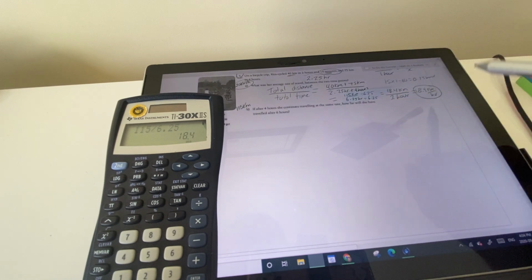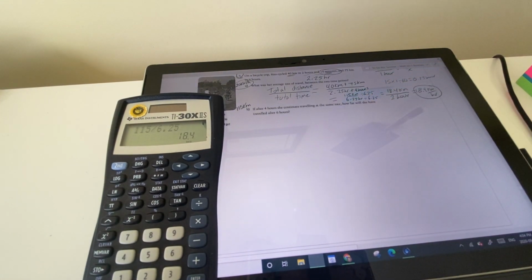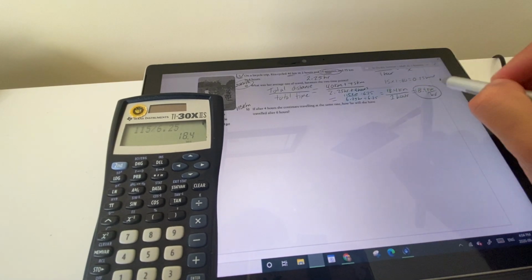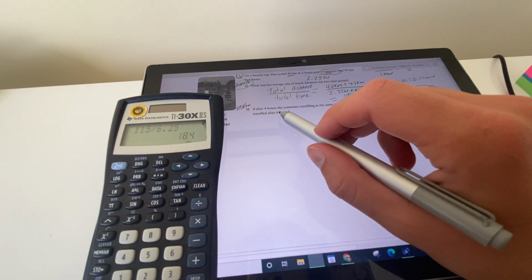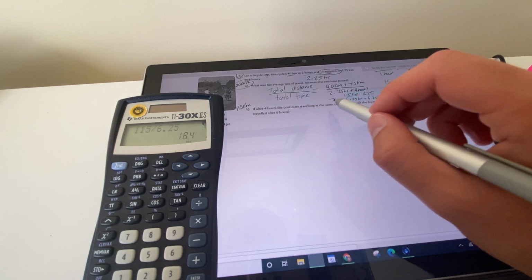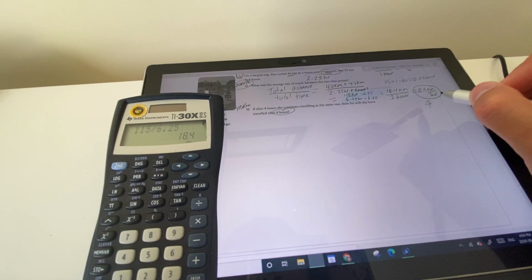Now, if after 4 hours she continues traveling at the same rate, how far will she have traveled after 6 hours? Well here we can use our rate. So she's traveling 6 hours at this rate.